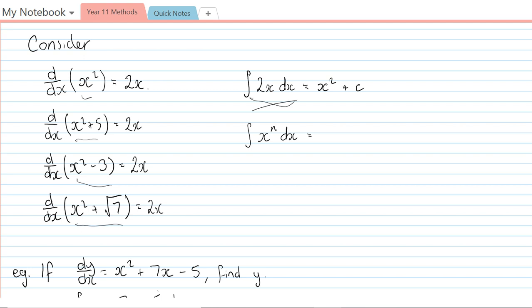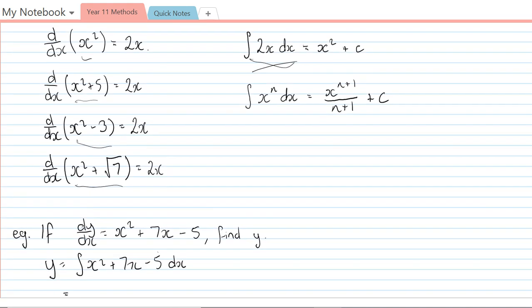And so what's actually happening is we are raising the power by 1, but we're also dividing by that raised power. This is the opposite of differentiation. So rather than decreasing the power, we increase the power. Rather than multiplying by the power, we divide by the power. And again, it's always important to write a plus c on the end.